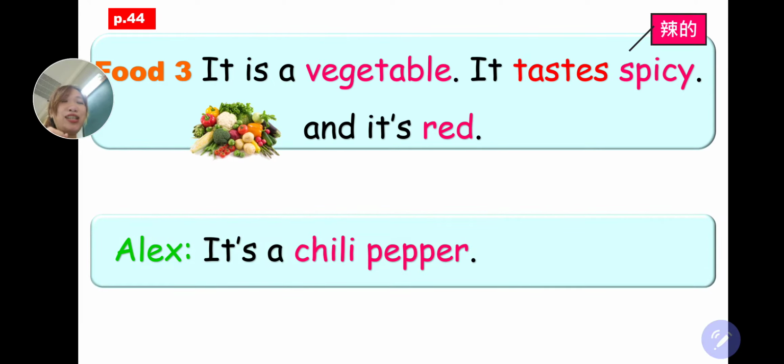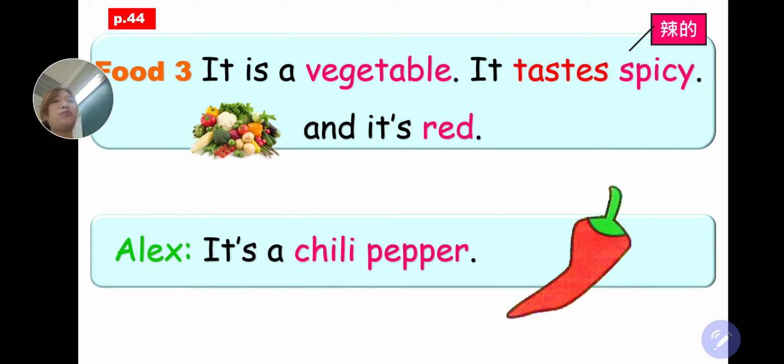Yes, it's a chili pepper. Chili pepper. OK, 它是一只辣椒，所以好，辣椒是 vegetable and tastes spicy and color is red.